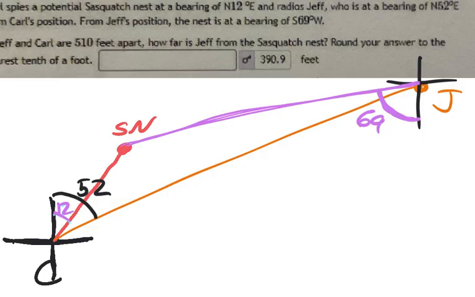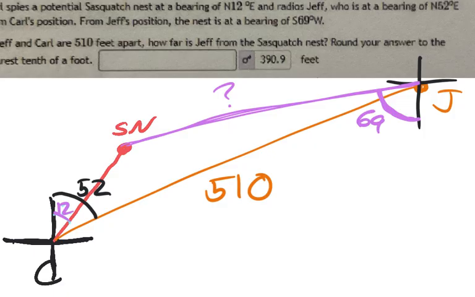If Jeff and Carl are 510 feet apart, so where would that go? My orange line. Right, that's the distance from Jeff to Carl. How far is Jeff from the Sasquatch nest? So I'm looking for the purple line. Do you see my triangle that's formed? Right?